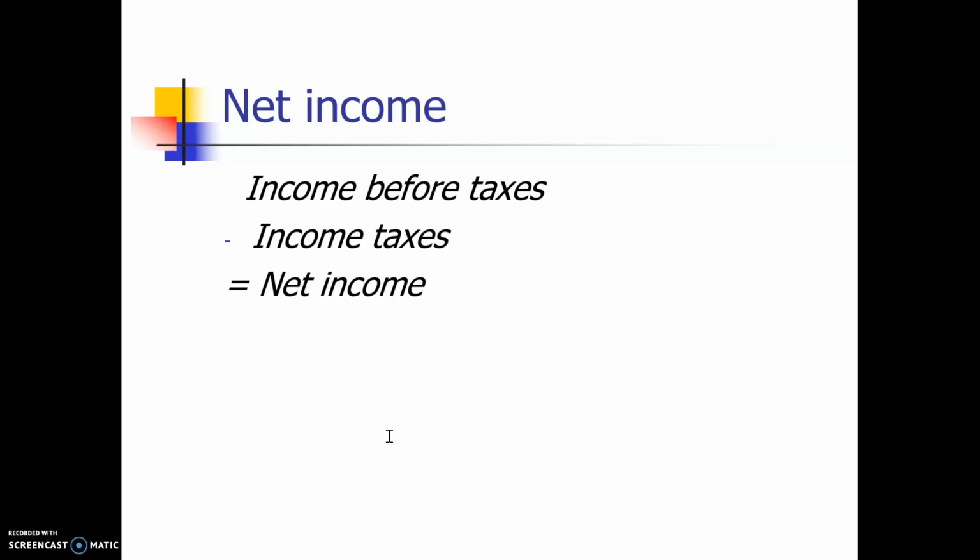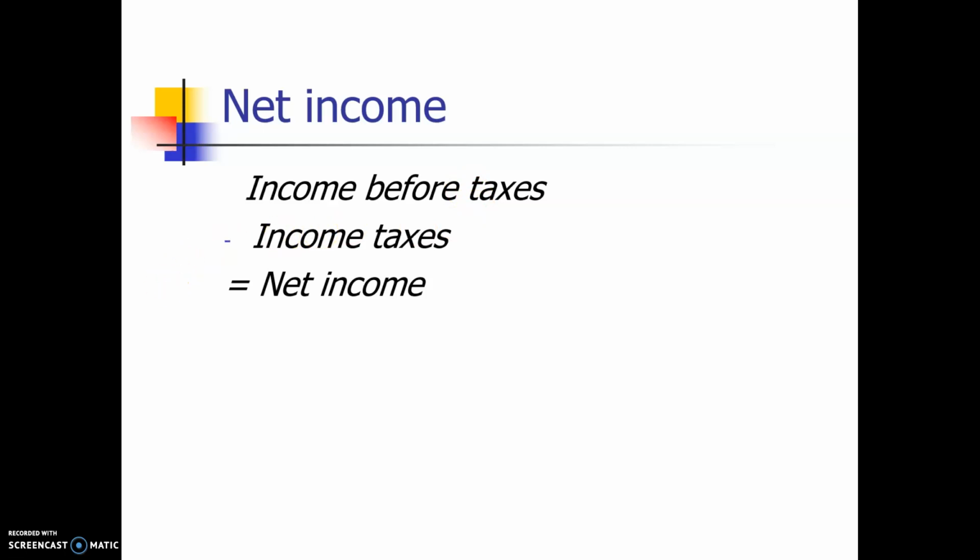It's just so important and so complex that income taxes is a whole other class. We have so much to learn that we can't even get into the taxes in this class. So we're just going to come to net income for our purposes, but the real way of doing it is with the income taxes.